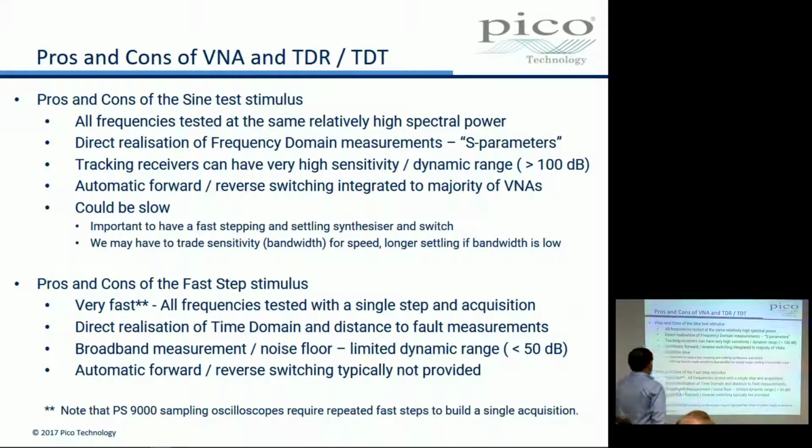Yeah? So very quick at that sort of measurement. It's a broadband measurement, so the noise floor is limited and you'll only get about 50 dB of dynamic range. Automatic forward and reverse switching typically not provided. There was one TDR, TDT VNA from LeCroy, I think, that included the switching, but most solutions don't, and ours doesn't.